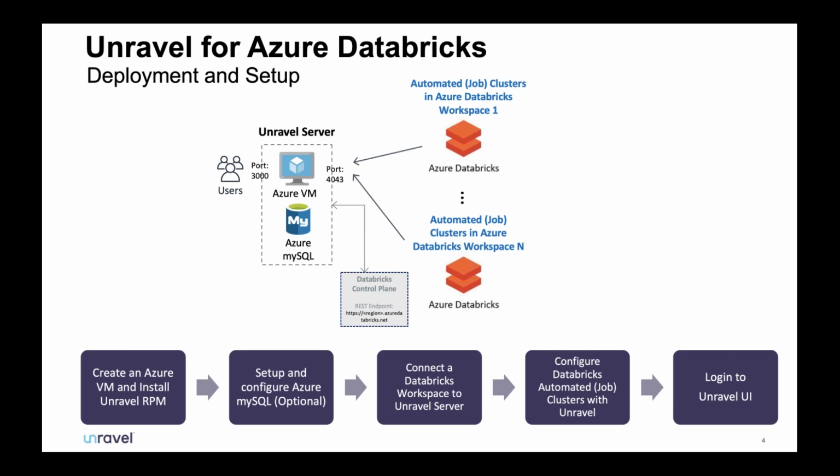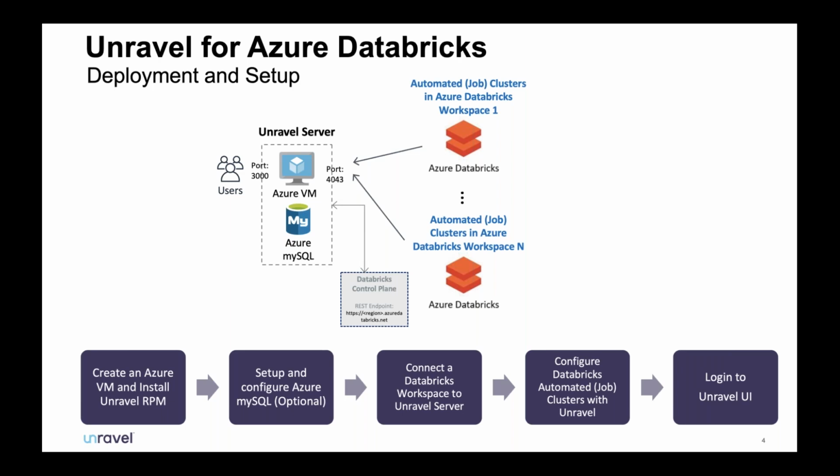The steps are: you set up an Azure VM, and you install Unravel with our RPM. This can be automated with deployment scripts. Then we use a MySQL database to store our data historically, which has to be set up either on this Azure VM or you can use the Azure MySQL service. It's up to you.